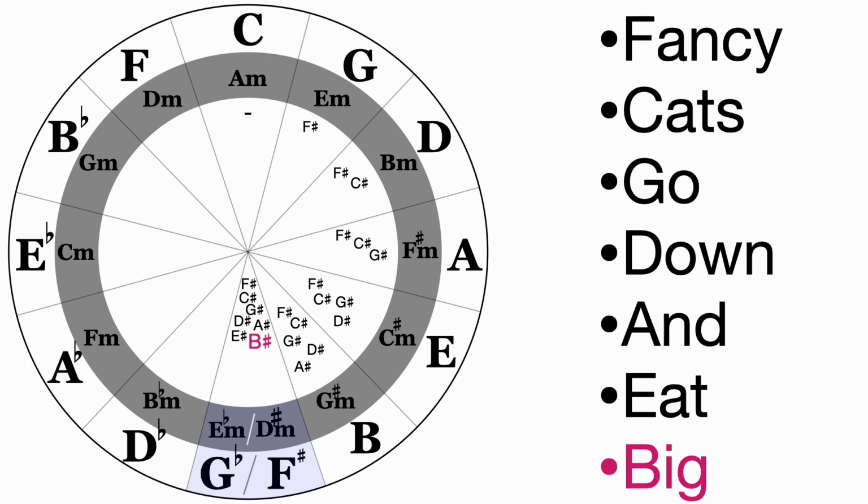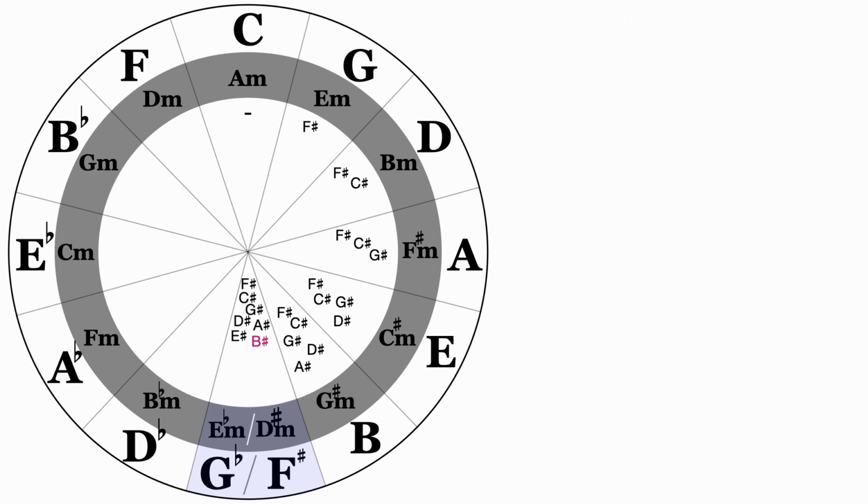Now, correspondingly, we have to take a look back at the flats as well. Coming in the counterclockwise direction, we have F major, which has a single flat, which is B flat. And I'm going right back to Beads Galore from Woodstock. Now, B flat major has two flats associated with it, the B flat and the E flat.